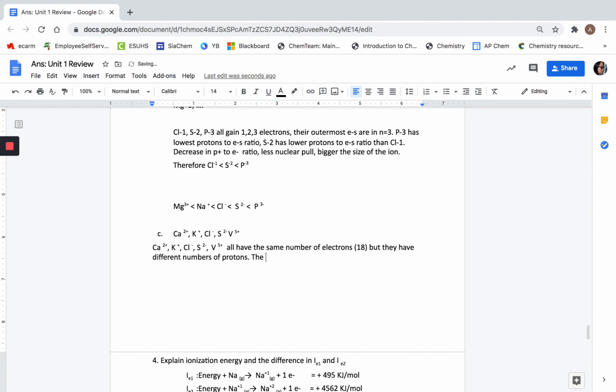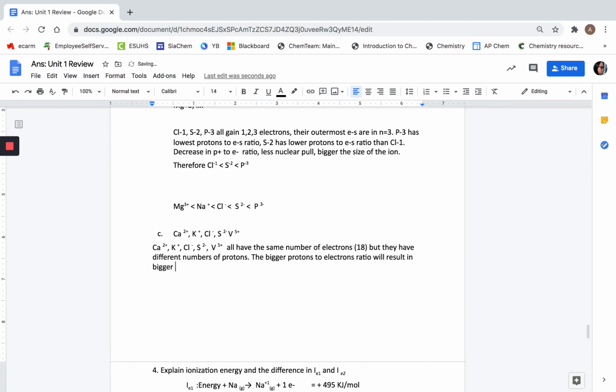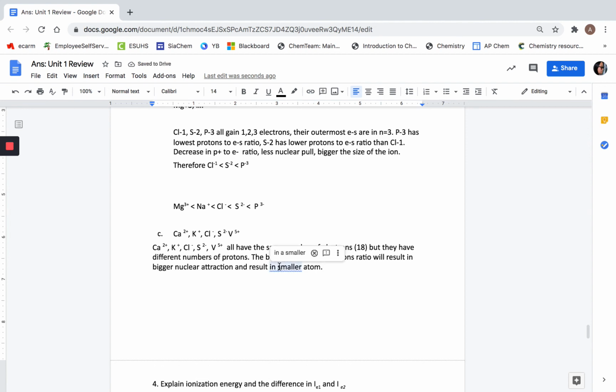The bigger proton to electron ratio will result in bigger nuclear attraction and result in a smaller atom.